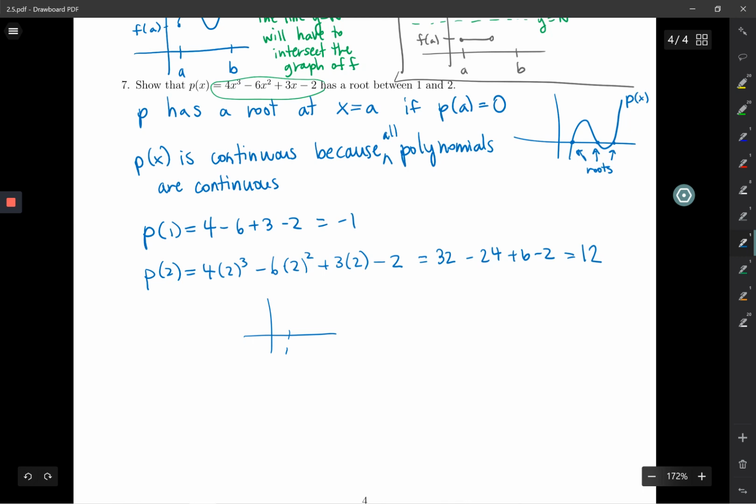So I know that at 1 and 2, at 1 it's going to be negative 1, the value of the function there, and this will not be to scale, so say this is 12 up here, so at 2 it's equal to 12, and the function is continuous between them, so I know that it has to pass through the x-axis at some point between 1 and 2.